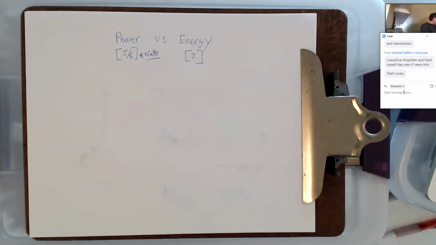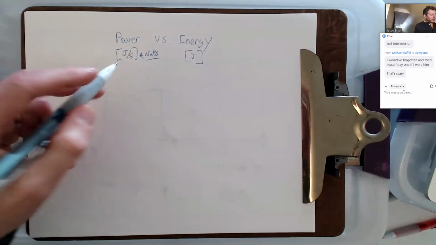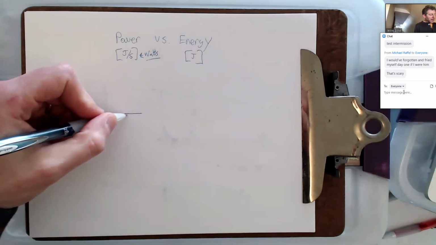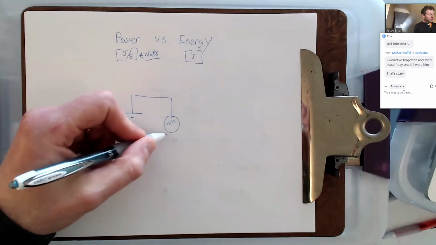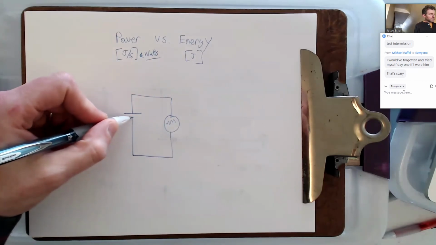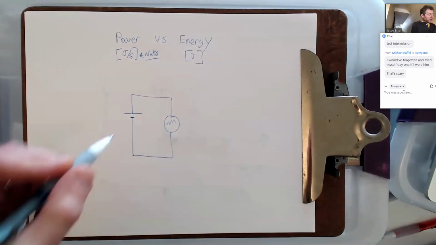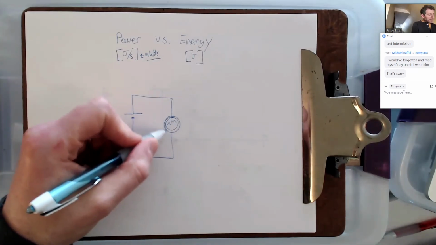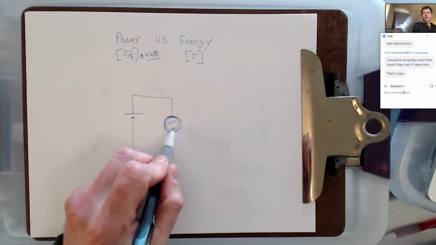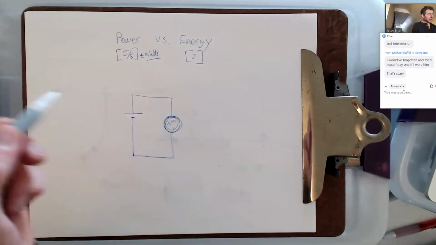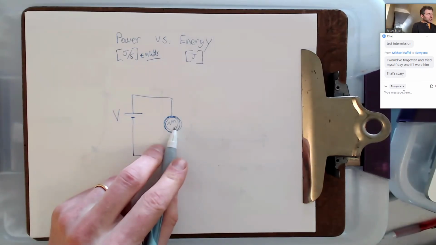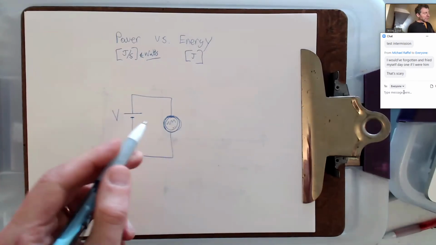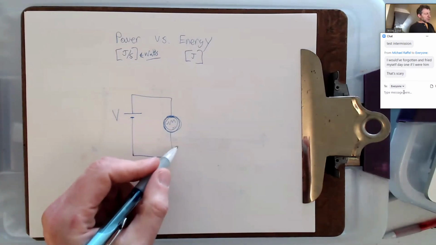Okay, so let's look for a second. What happens if I have some resistor here and I'm flowing current through it? How much energy is being dissipated or used up here, let's say it's a light bulb? So I put a voltage V here, and we'll assume this is ohmic. So it's a resistor and it's heating up as current goes through it.